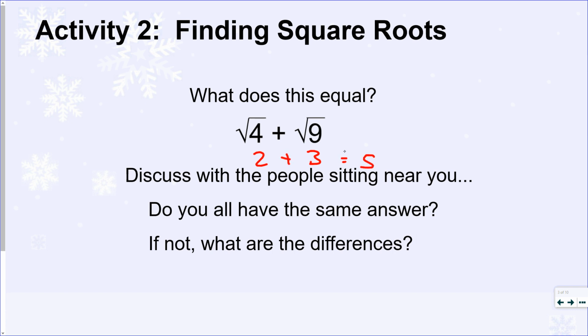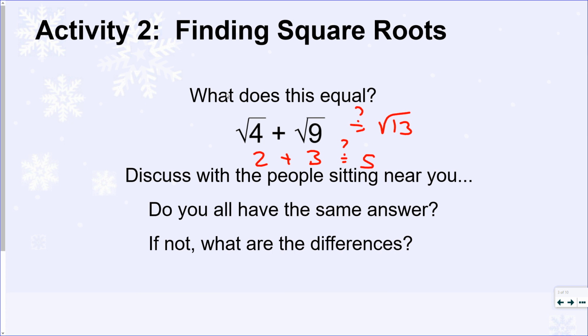Could be. But also, root 4 plus root 9, well, 4 plus 9 is 13. So perhaps it's the square root of 13? Well, one of these answers has to be correct, right? So it's either going to be root 13 or it's going to be 5. And those two are not equivalent.